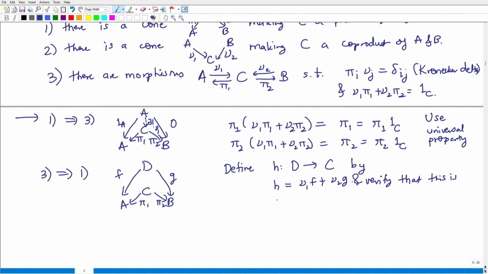This is the only factorization. Means you have to verify that this is a factorization and it is the only factorization.